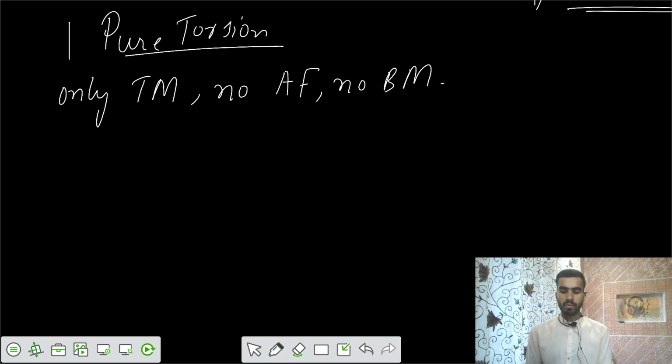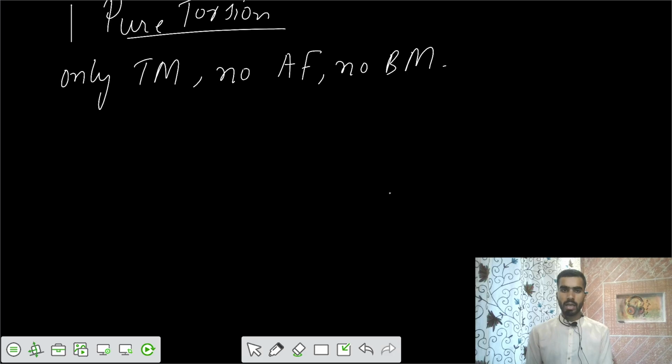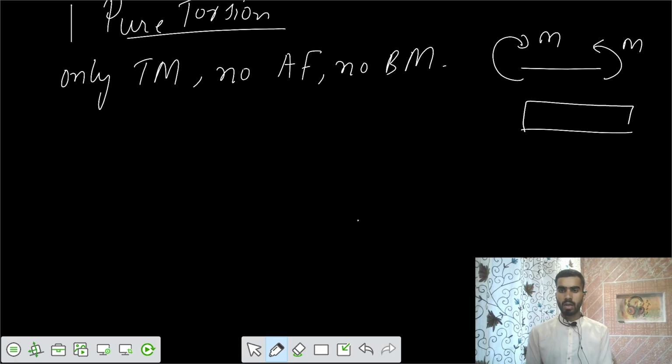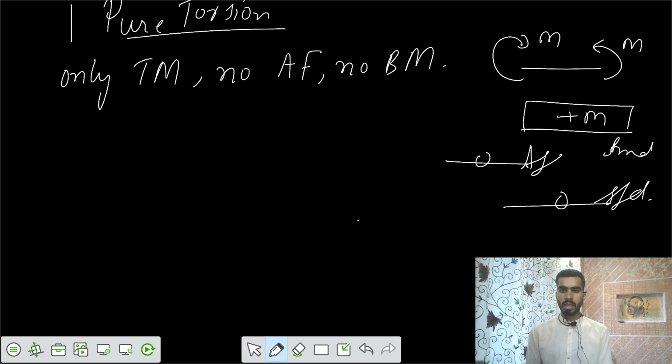Similar to the case of pure bending, when there is only bending moment, we have the BMD and the shear force is 0. Similarly, the axial force diagram, AFD, was also 0. Now for the pure torsion case, you're applying only torsional moment, about the long axis.